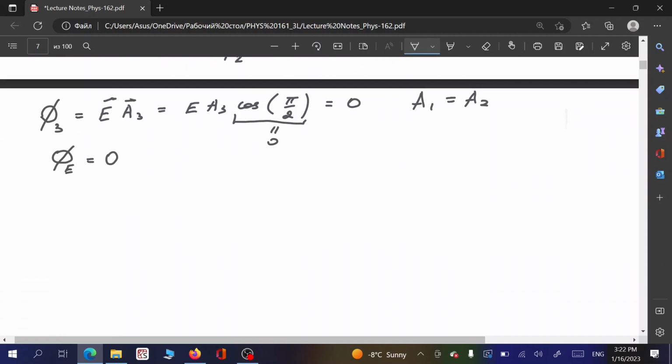So now we are coming finally to the Gauss law, and we will try to formulate it. So let us consider some positive charge, Q, and some sphere around this positive charge, when the positive charge is in the center of this sphere.